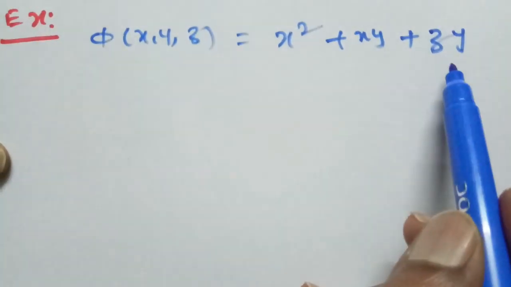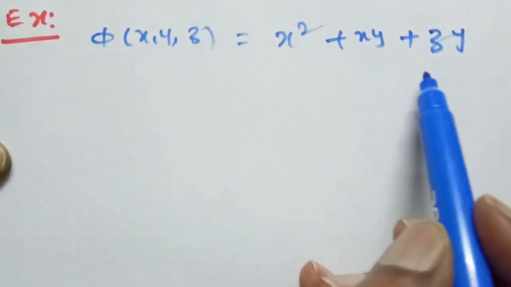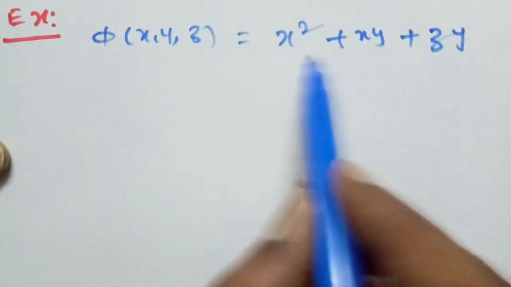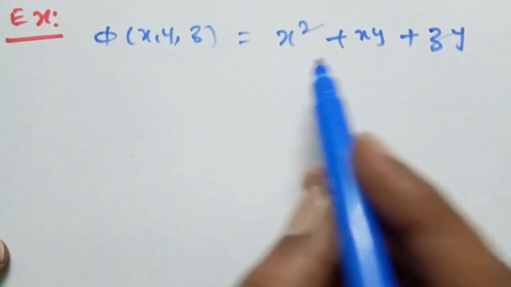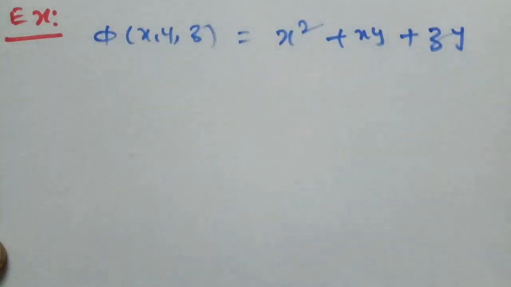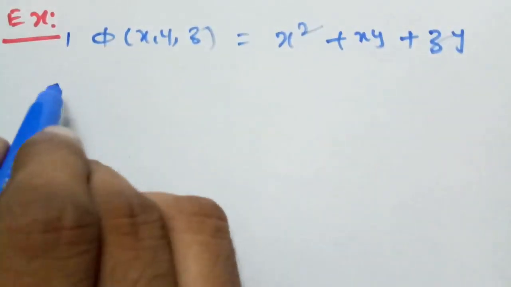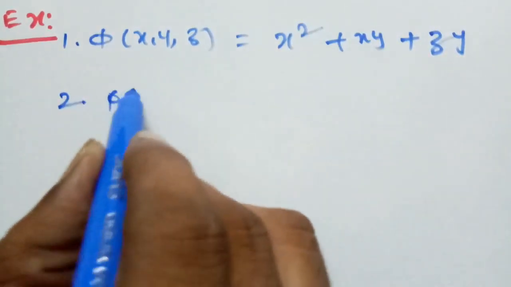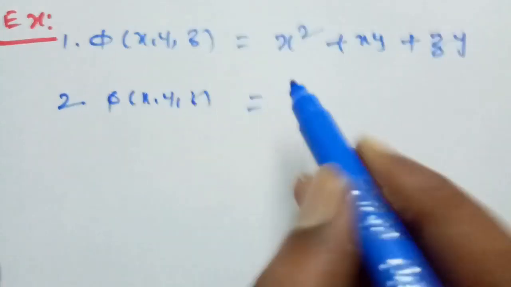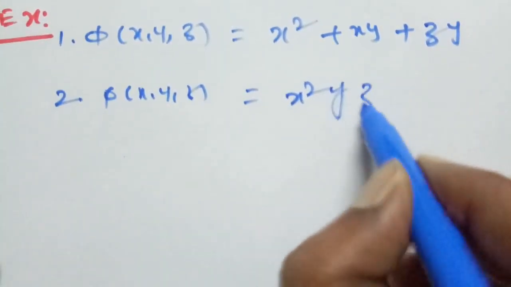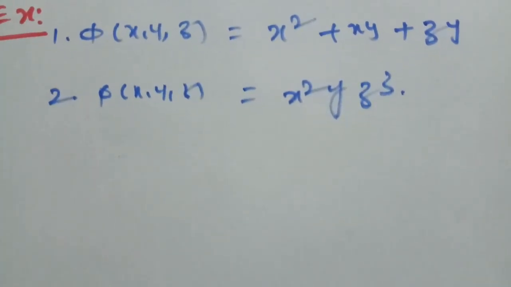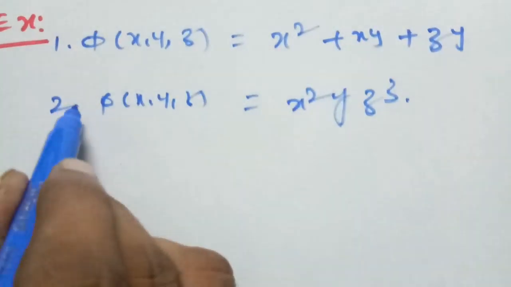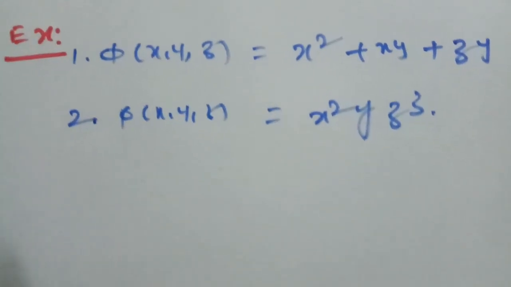Here x square plus xy plus zy has no direction. It has only a magnitude. So these kind of functions are scalar point functions. Like this you can write many examples. Therefore phi of x, y, z is equal to x square y z cube. This is a scalar point function. Like this you can write many number of scalar point functions.